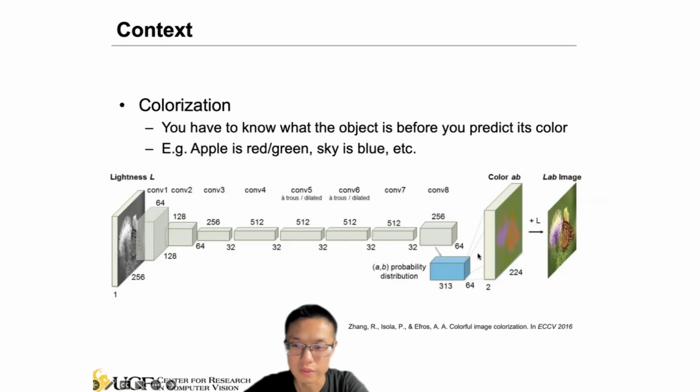If you are not able to understand that this is a flower or, in this particular example, a butterfly, then the predicted color may not be accurate. This is another example, and also apple is red, sky is blue. These all require the network to understand some of the semantic information of different objects. That's why the trained network is able to learn some meaningful representation that is helpful for the downstream task transfer.